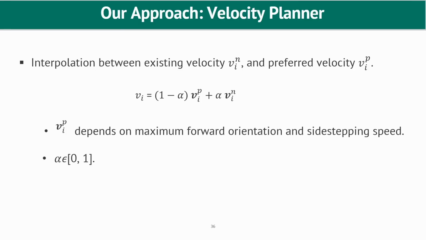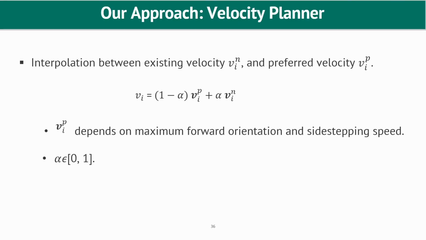Regarding the velocity planner, we interpolate between the existing velocity of the current time step and the preferred velocity. We take a certain portion from the current one and another from the preferred one to make the velocity consistent between two time steps.